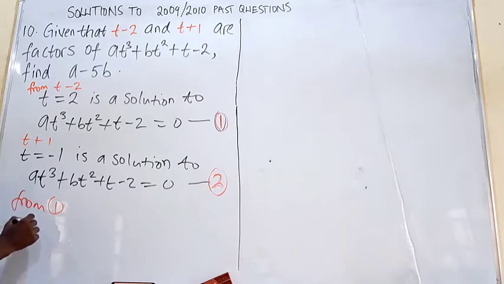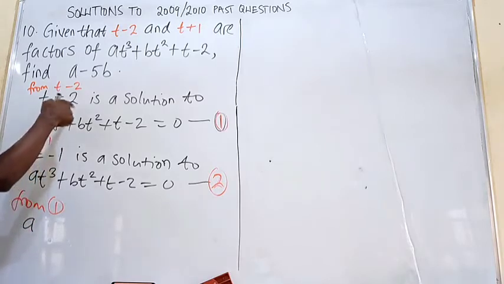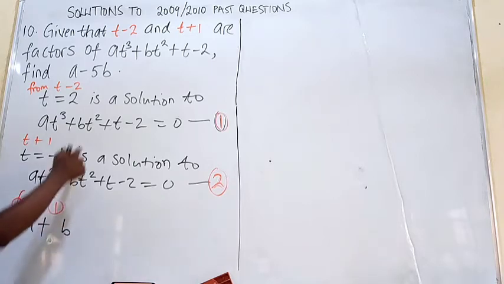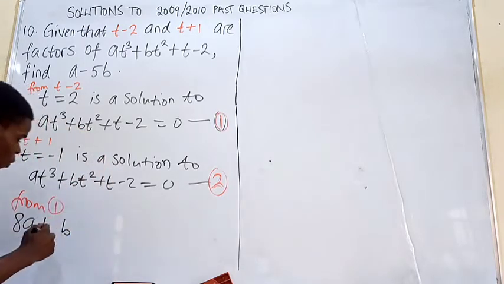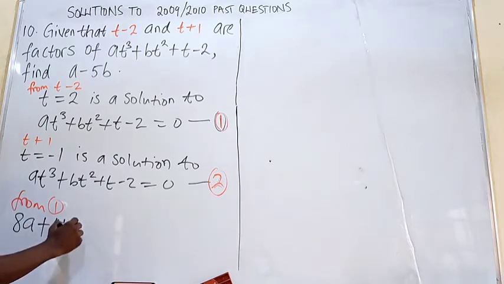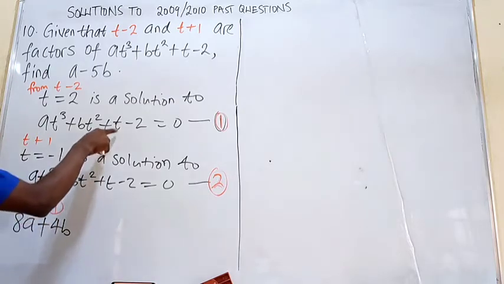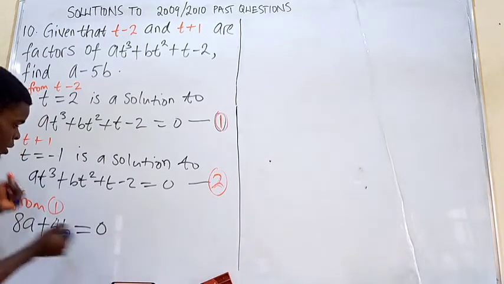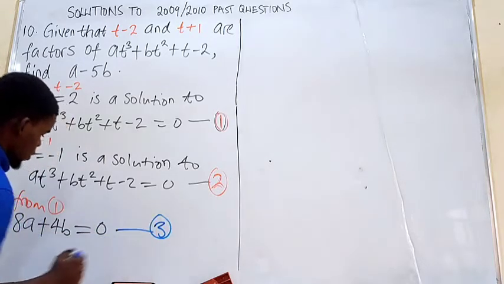That will be a times 2 raised to the power of 3, which is 8, then plus b times 2 raised to the power of 2, which is 4, then plus 2 minus 2, which is 0. So we equate that to 0. Let's call this equation 3.